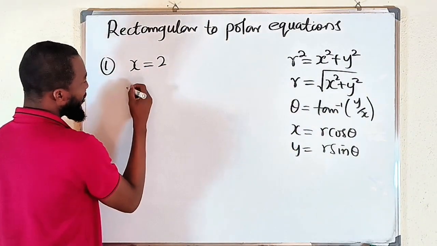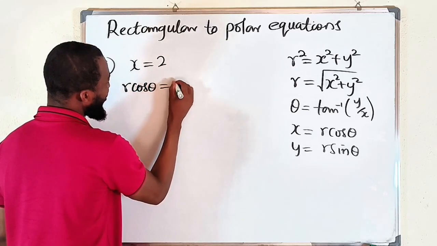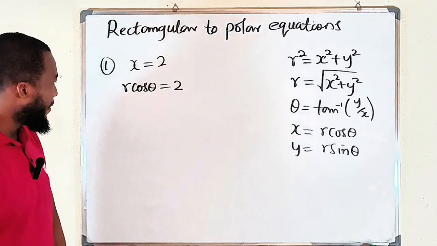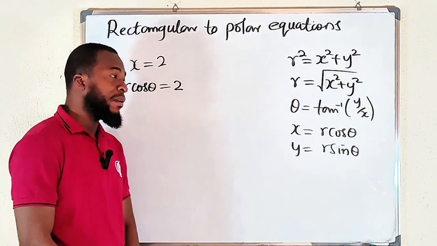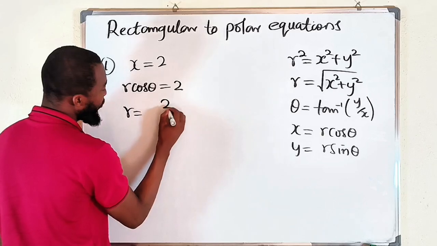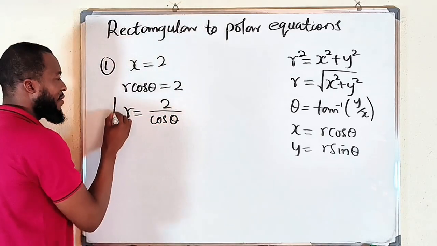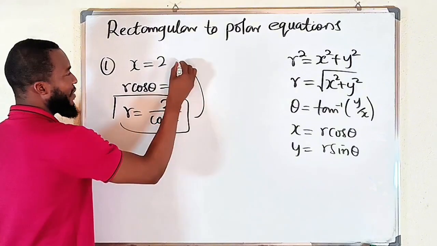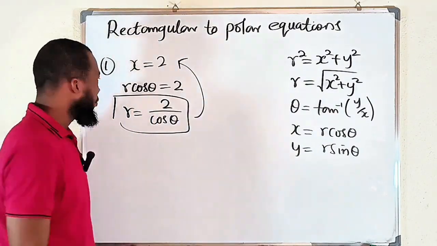So therefore, instead of this, you can write it as r cos theta, and this is equal to 2. This is now a polar equation, but if you like, you can write it in terms of r by dividing both sides by cos theta. So r is equal to 2 divided by cos theta, but this is not necessary. This is the same thing as this. And from this, you can reconvert it back to this. This is question number 1.